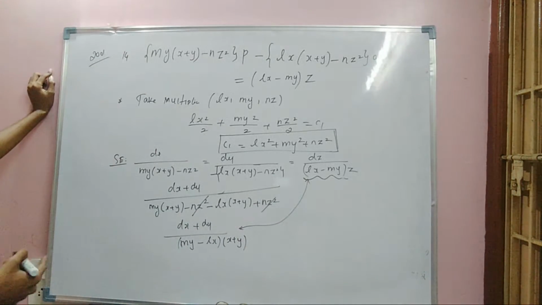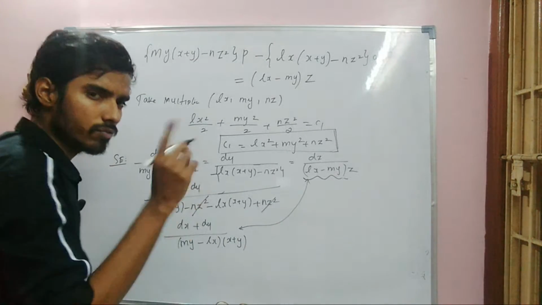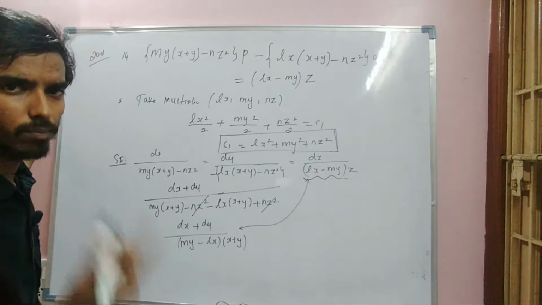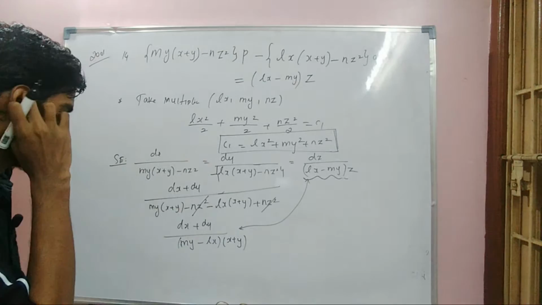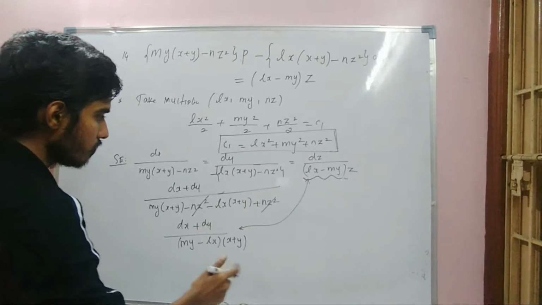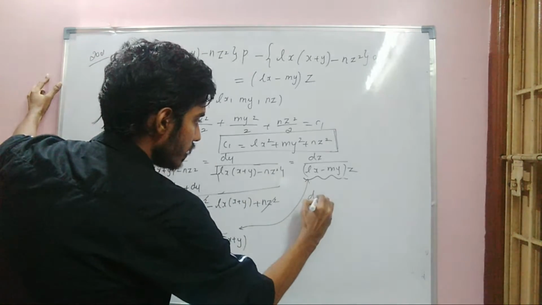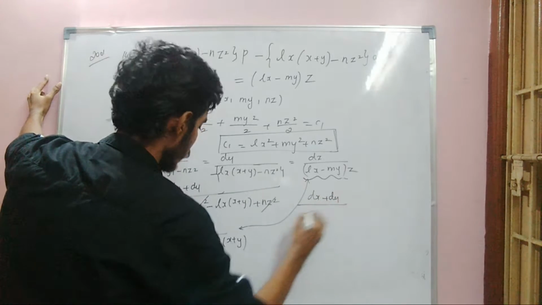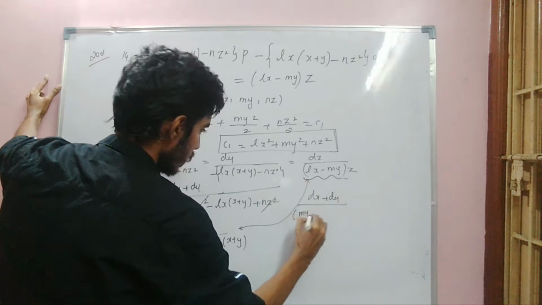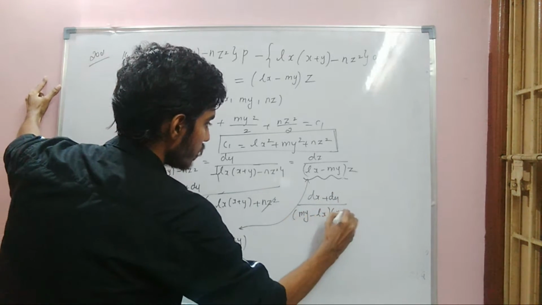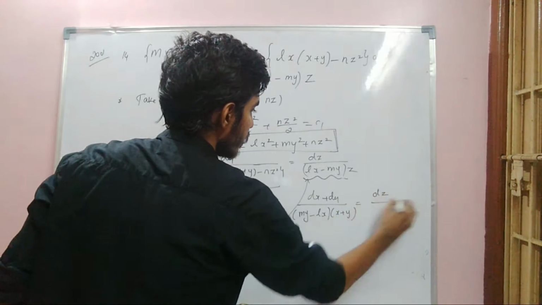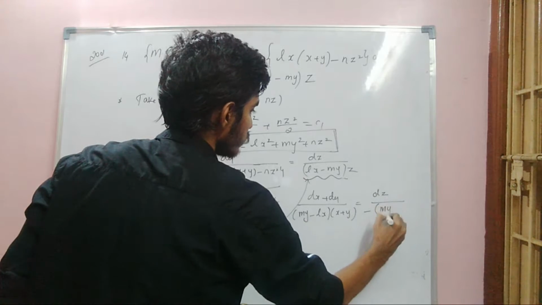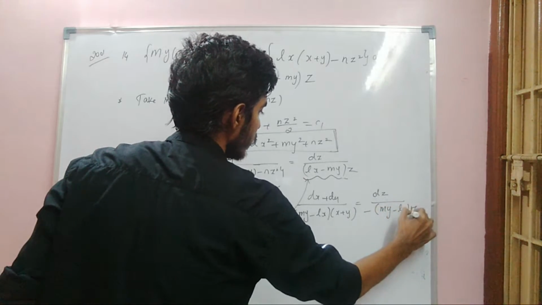Now I am going to equate this and this. We did one problem with x dx plus y dy plus z dz. Now I am just doing 1 dx plus 1 dy. If I equate this term and this term, we have dx plus dy divided by my minus lx of x plus y is equal to dz divided by, you can take minus outside, so we have minus m into lx into z.